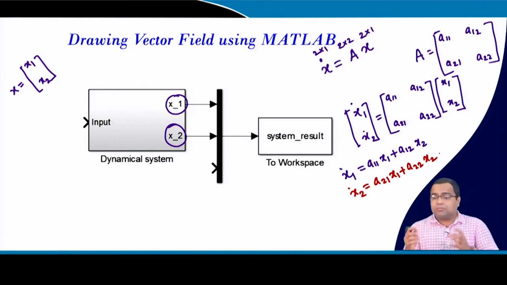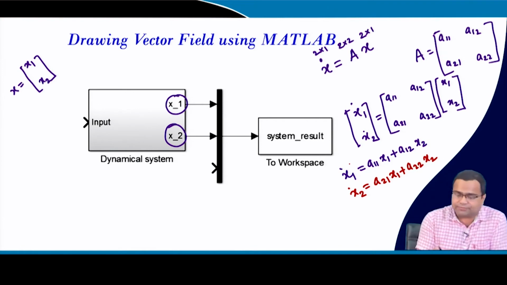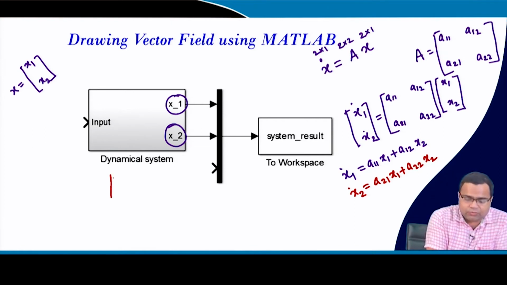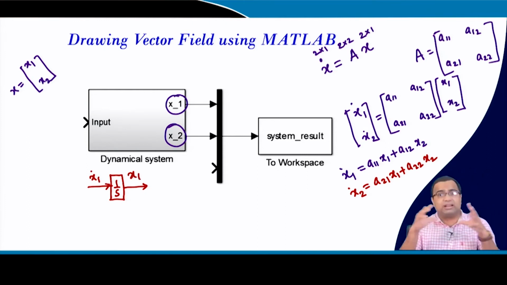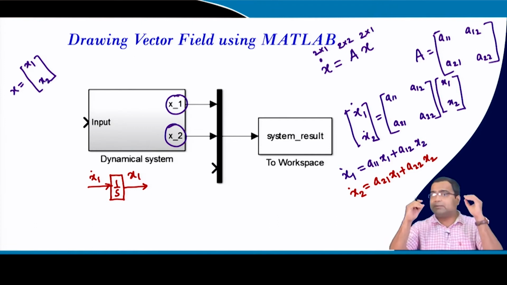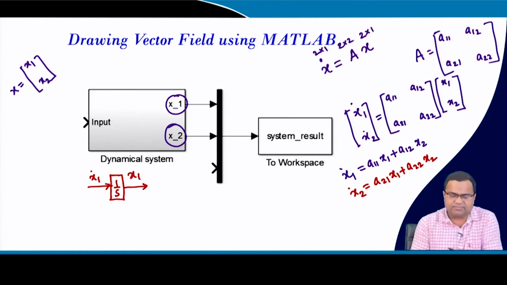Now, we already know how to plug in this equation in MATLAB, because for x1 we need one integrator, right. So, this is one integrator, and if this side is our x1 dot, then this will be x1. This we have already learned multiple times, right, because we started this presentation in lecture number 4 in the very first week.